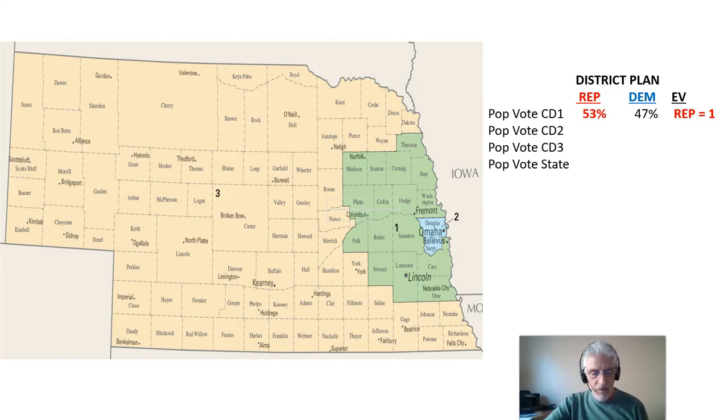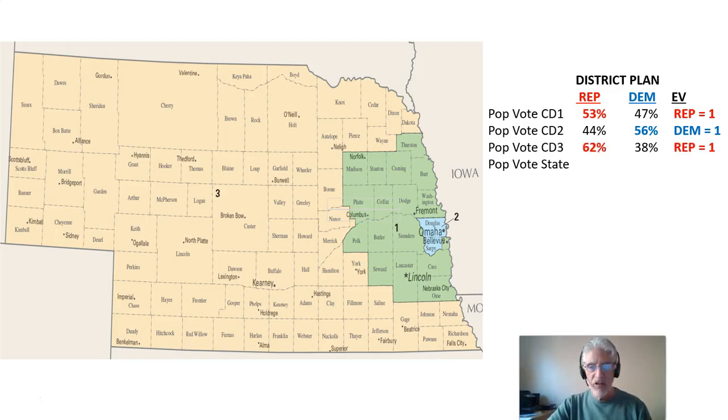Now, suppose in the 2nd congressional district, the Democrat won. It's a college town. Younger people often vote Democratic, so the Democrat wins 56 to 44. Since they won that congressional district, they would get 1 electoral vote.